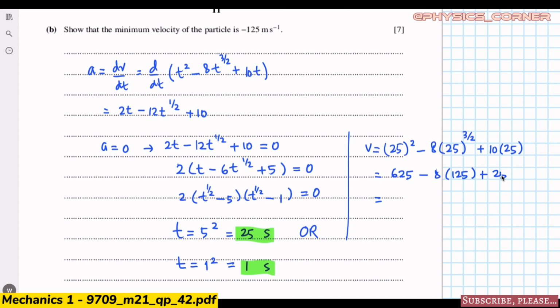So 625 minus 1000 plus 250 gives, yes, correct, negative 125 meters per second. Done.